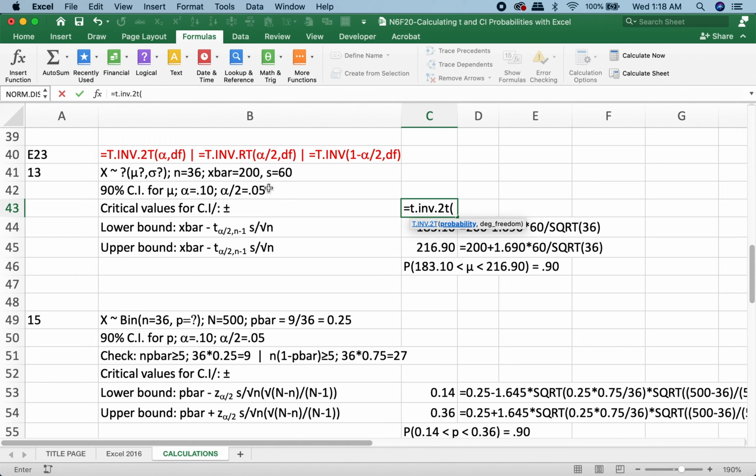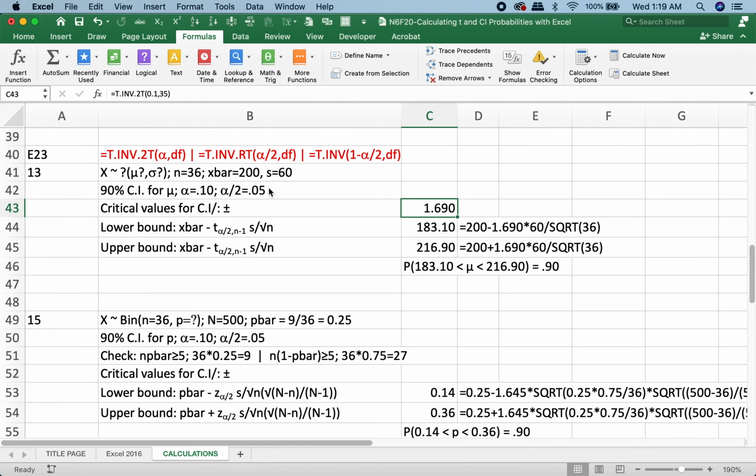Probability is, and here's the thing you need to remember about the T.INV.2T: you don't split the alpha in half. So you would just simply put in 10%. And then you put in your degrees of freedom, which in this case is n minus 1. And so that's going to be 35. And there's our 1.69.